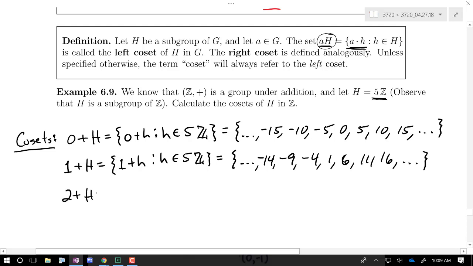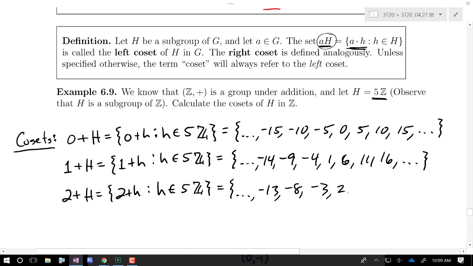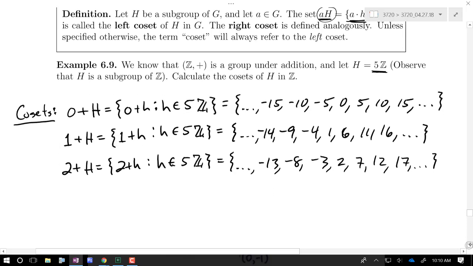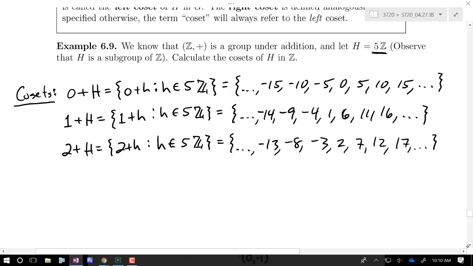Similarly, right, we'll keep going. We'll do the same with 2. So we get minus 13, minus 8, minus 3, 2, 7, 12, 17. And keep going.